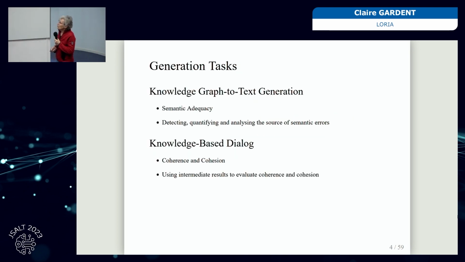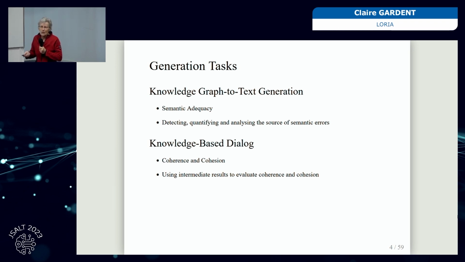I will look at two types of conditional generation tasks. The first one is knowledge graph to text generation, where you have a knowledge graph as input, and as output you want the model to generate a text that verbalizes the content of that graph. Here I will focus on semantic adequacy, because you want the output text to match the content of the input.